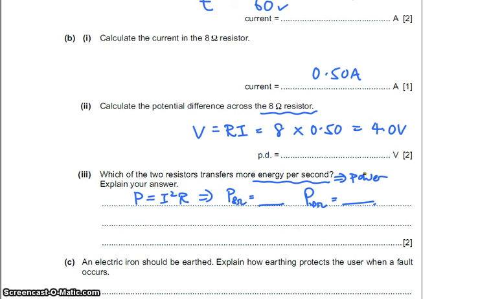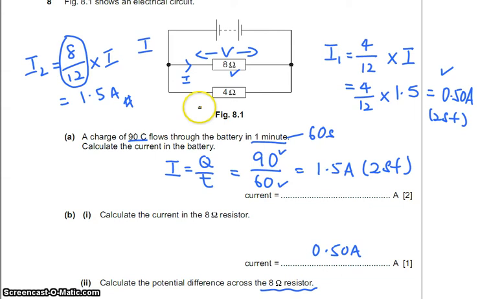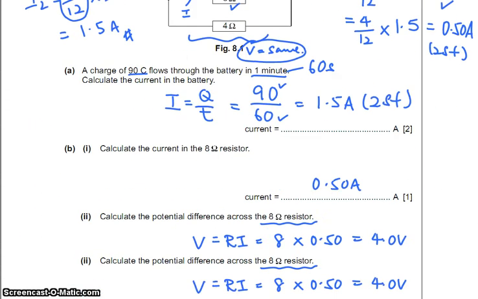Okay, is to look at this parallel circuit. Now if this is a parallel circuit, that means the voltage is the same. Okay, remember, voltage is the same. So right now I'm going to come back to here.